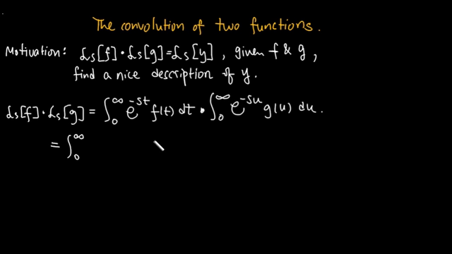So since there are two integral variables involved, I have to be careful. As soon as we write down the order, it's going to be clear. So e to the negative s t, and bring that all together inside, and there's f(t) and g(u) all together, and let me write dt, du inside.